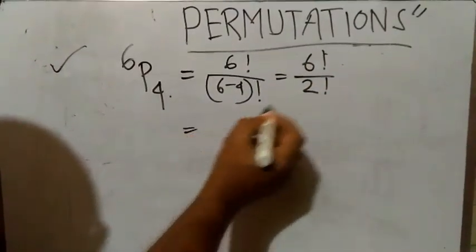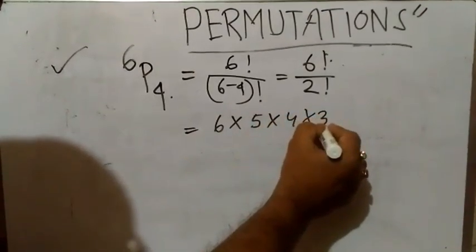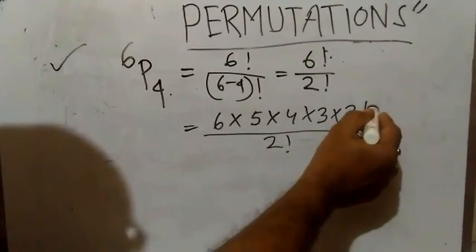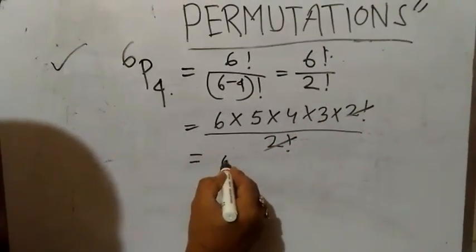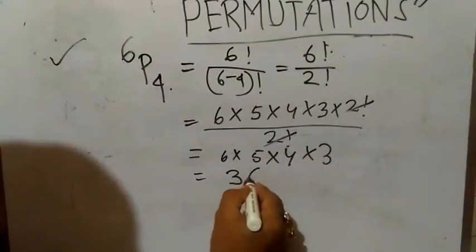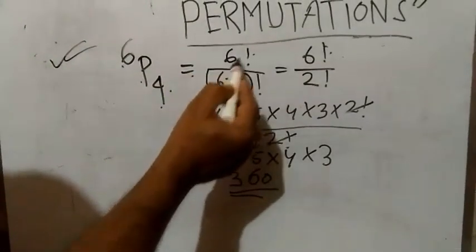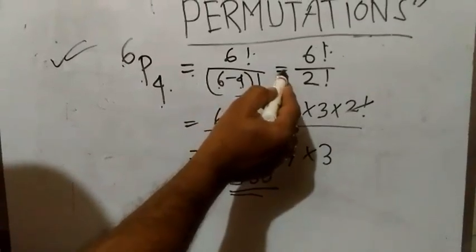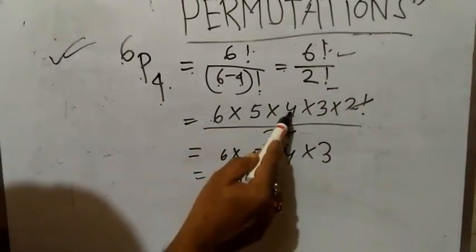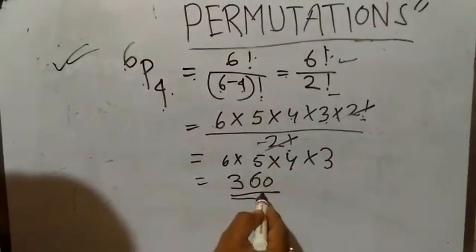Clear? Then follow carefully. 6 factorial can be written as 6 multiply 5 multiply 4 multiply 3 multiply 2 factorial. In the denominator, 2 factorial cancels. So finally we get the answer 6 multiply 5 multiply 4 multiply 3, which is 360. So 6P4 equals 6 factorial by 6 minus 4 factorial, equals 360.